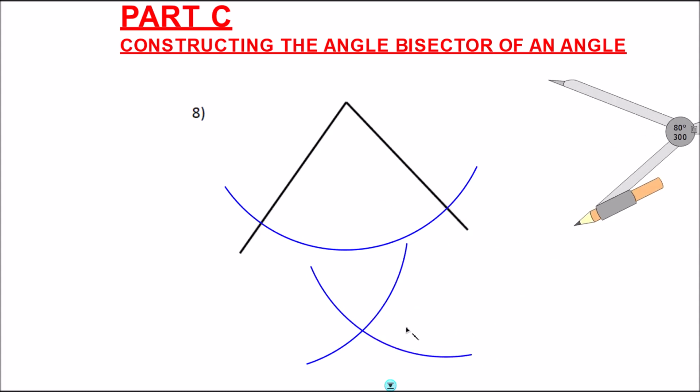And so the curves cut at both ends, across here. And so the final thing is to do a straight line from where the angle begins, through where they've crossed, and that's the final angle bisected for question 8.